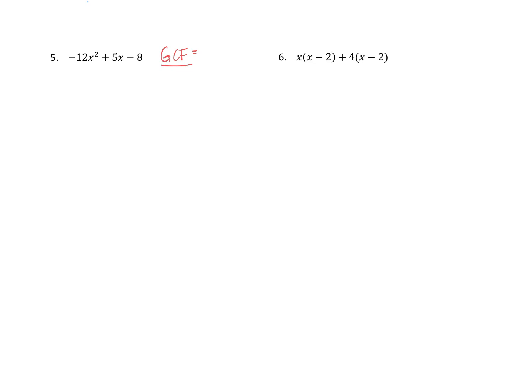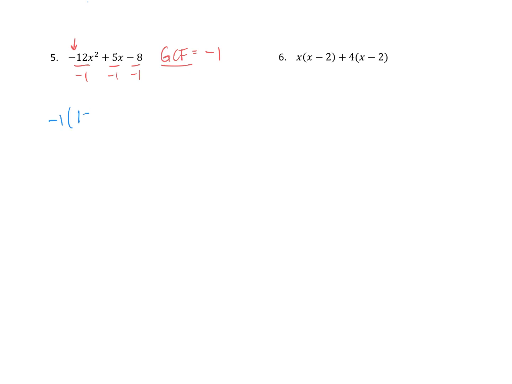The only thing you can really divide out here is, I notice that the first term is negative, so you really want to get used to dividing that out. So I would divide out a negative 1. So if I divide out a negative 1, that's just going to change all the signs.